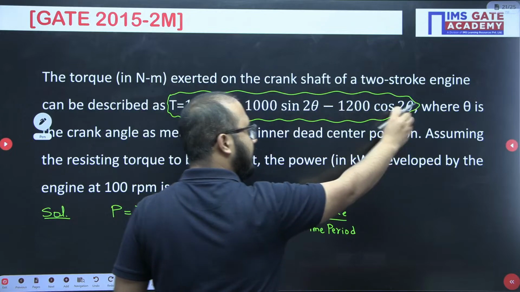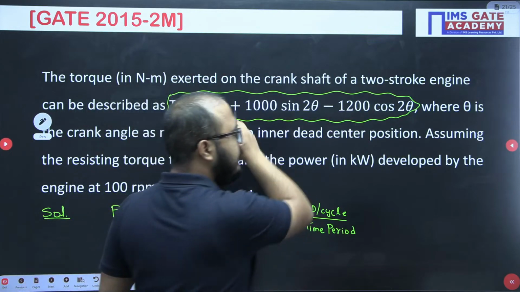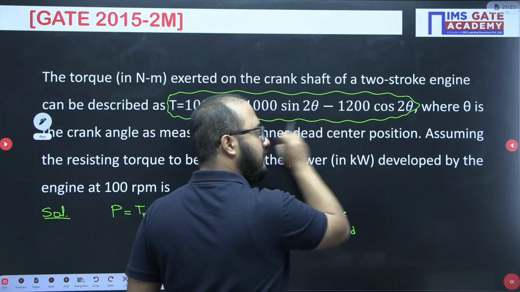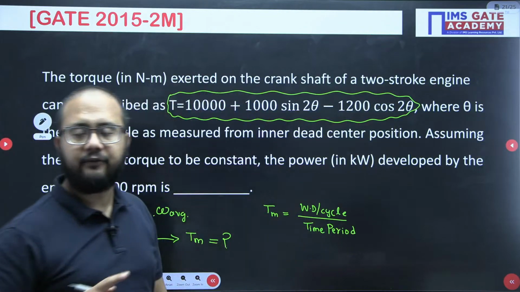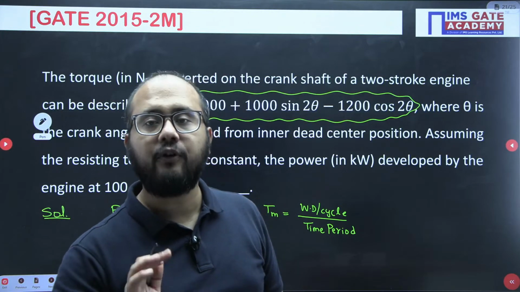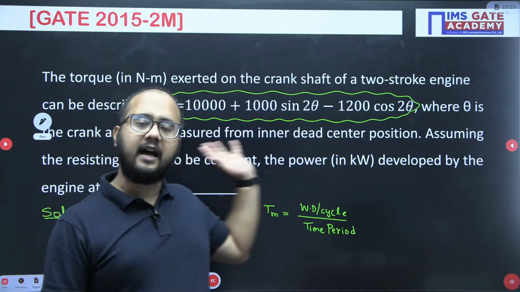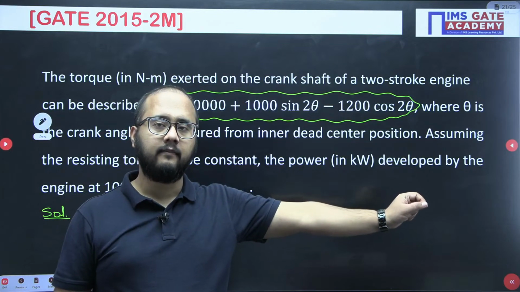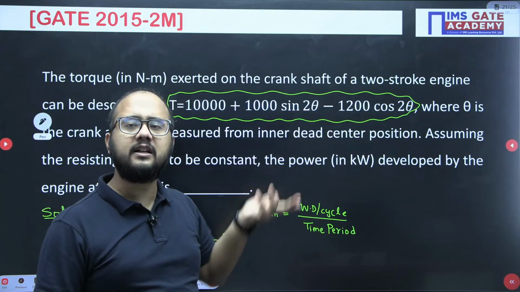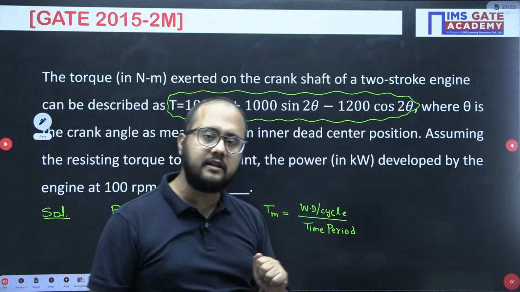Whatever terms are there in the numerator, take the LCM of that, and whatever terms are in the denominator, take the HCF. LCM for the numerator and HCF for the denominator, and you will get one answer for the time period of the entire expression. If it is only a sin theta term, then it is very easy. But here, apart from sin theta and cos theta, one more trigonometric function is there.